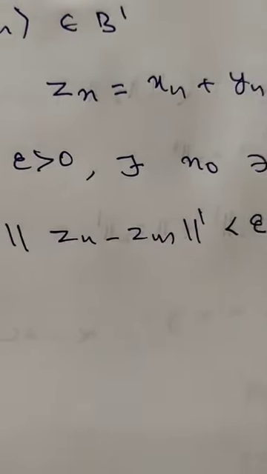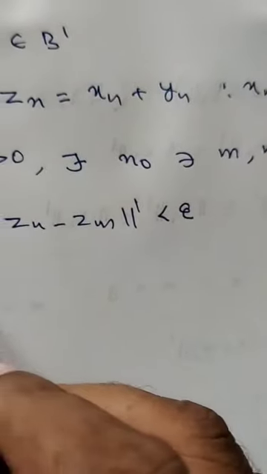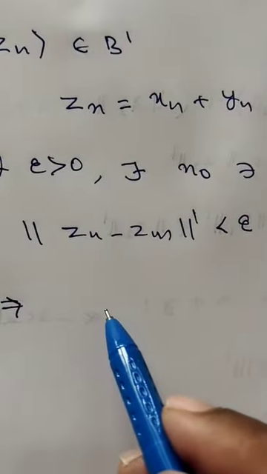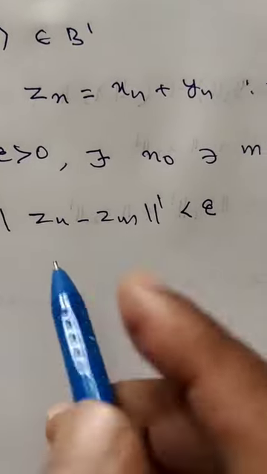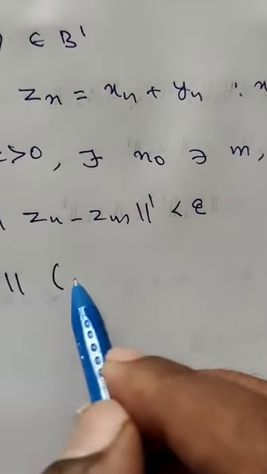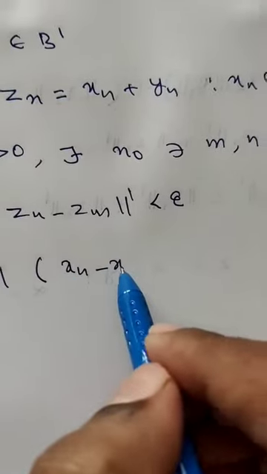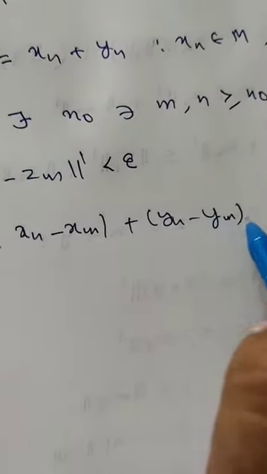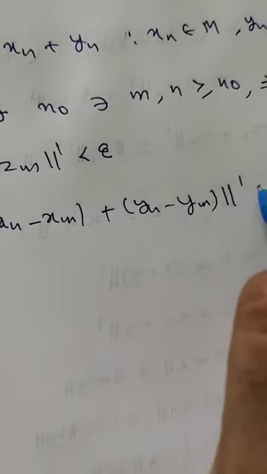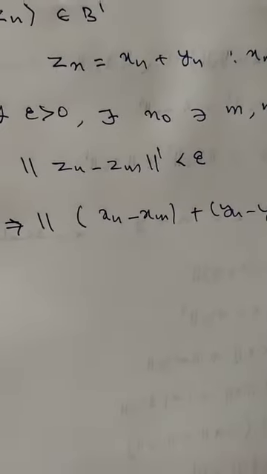The norm of Zn minus Zm means, writing Zn as Xn plus Yn and Zm as Xm plus Ym, after rearranging the terms, the norm of Xn minus Xm plus Yn minus Ym is less than epsilon.